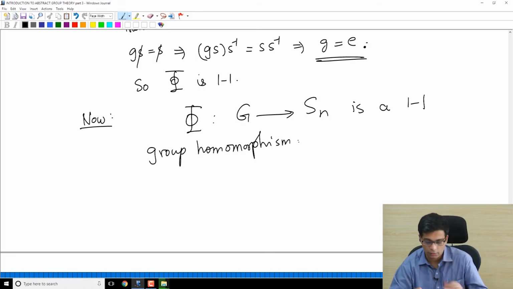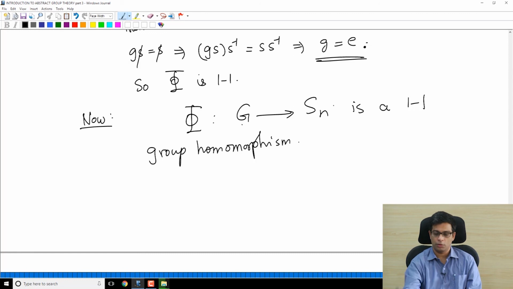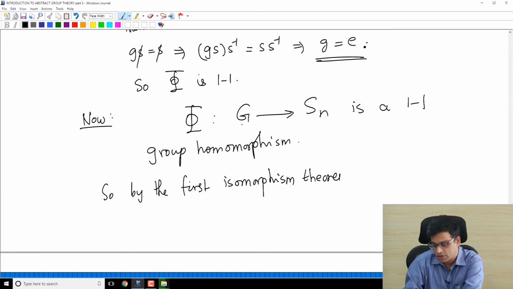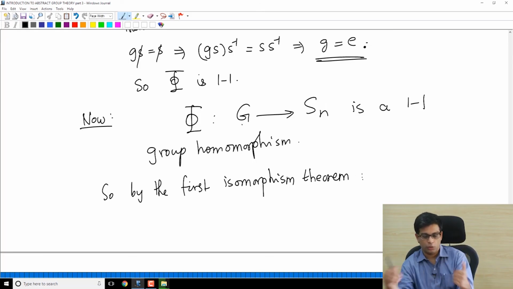It's a 1-1 group homomorphism. Now recall a point that I made after proving the first isomorphism theorem. If you have a 1-1, or injective, group homomorphism, G can be identified with a subgroup of Sn. So by the first isomorphism theorem, remember, it says that if you have G mod the kernel, it is isomorphic to the image.